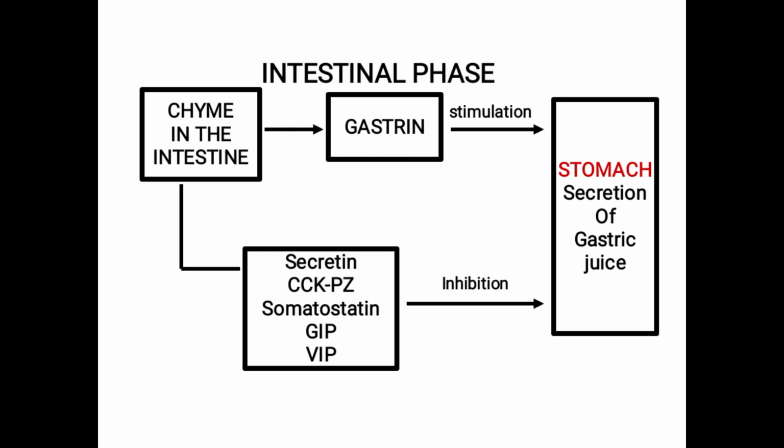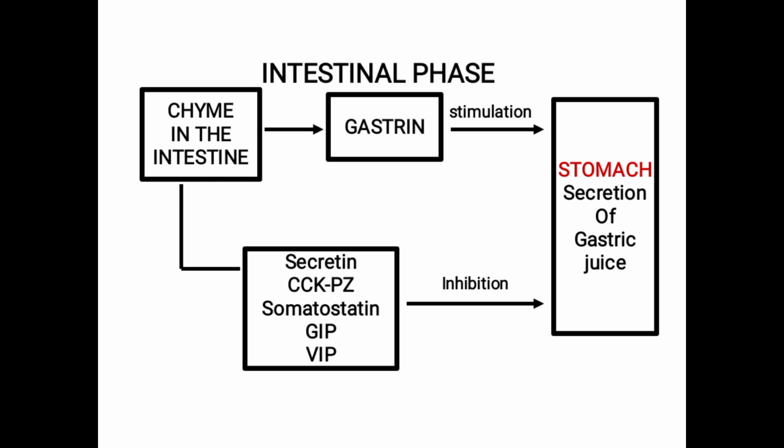The last one is the intestinal phase. As the food from the stomach enters the duodenum, remember, the duodenum is the first part of the small intestine. The small intestine can be divided into 3 parts. So now the food enters the duodenum.